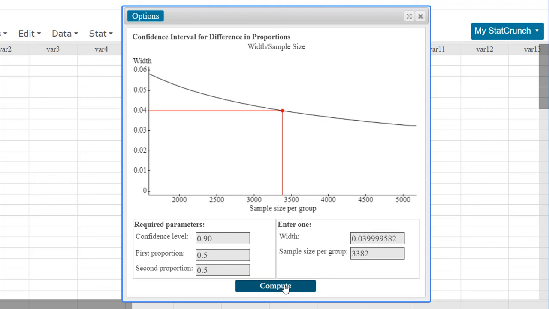Now when we did this by hand, we got 3,383, so we have a discrepancy of 1, but that is not really very significant. So StatCrunch tells us we would need a sample size of 3,382 if we want to be within a margin of error of 0.02. So again, that would be 3,382 males and another 3,382 females. So this is how we can use StatCrunch to determine the required sample size.